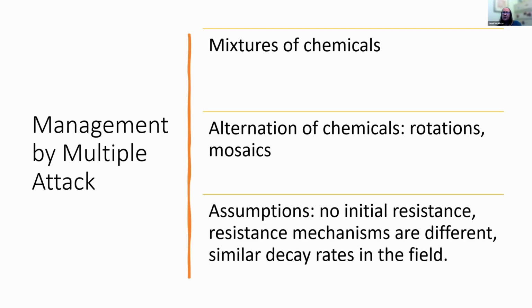So if you mix two chemicals together and one has a very short residual action and one has a very long one that lasts for months, then effectively you're negating your mixture of chemicals, because one of them is out there all the time selecting for insecticide resistance, and the other one is only there for short periods of time.